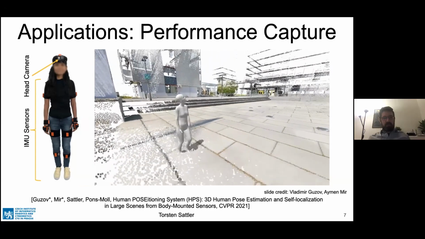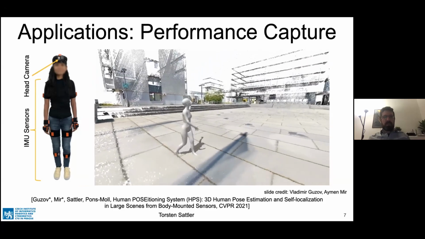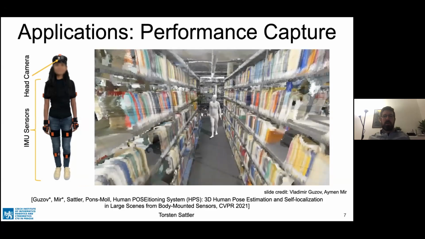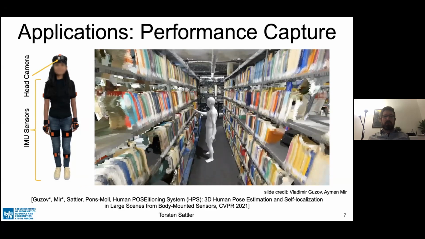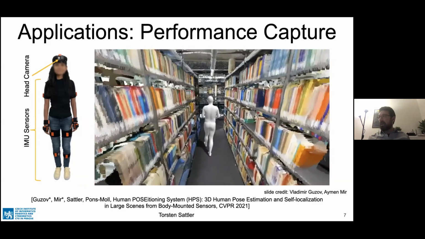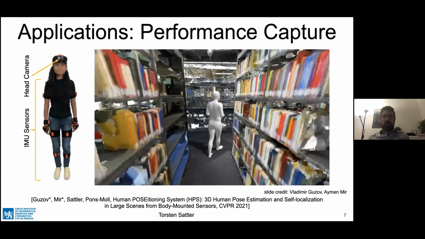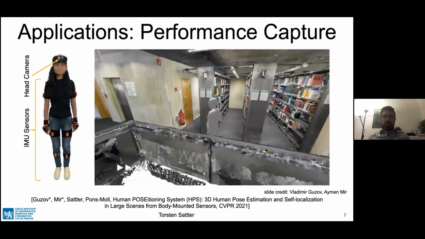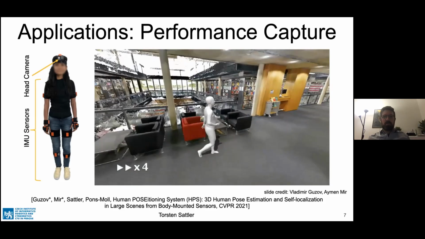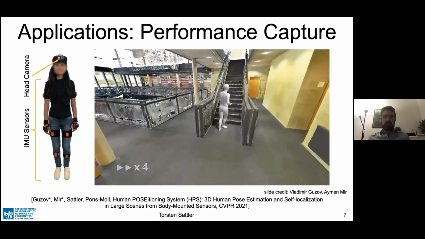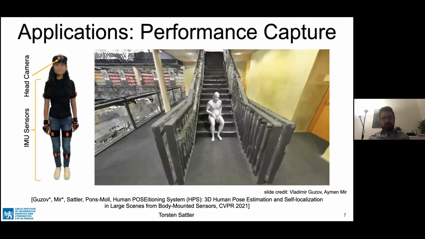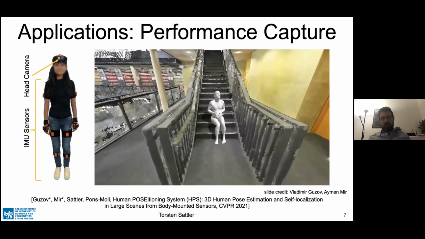And by combining reasoning about IMU measurements and the camera, we can figure out the motion of the user in the scene without any external camera tracking the human. So we can all do this from the perspective of the user, which makes this much more scalable.